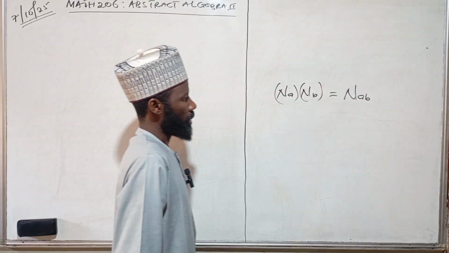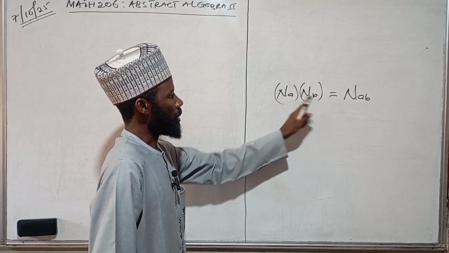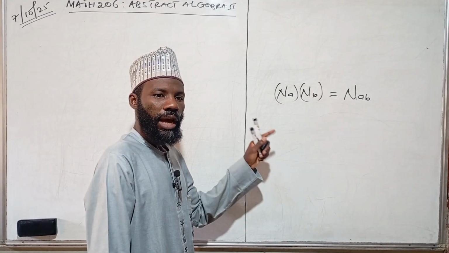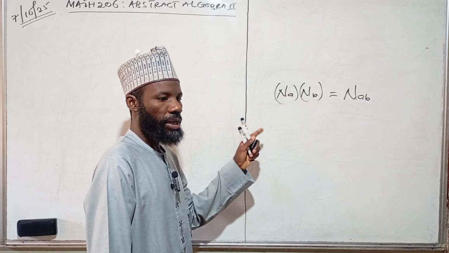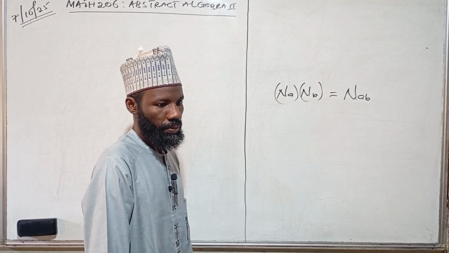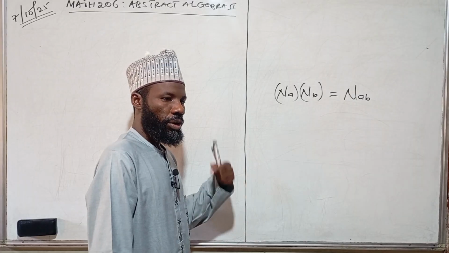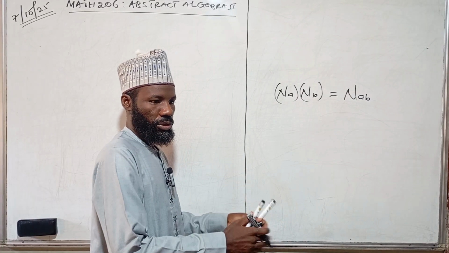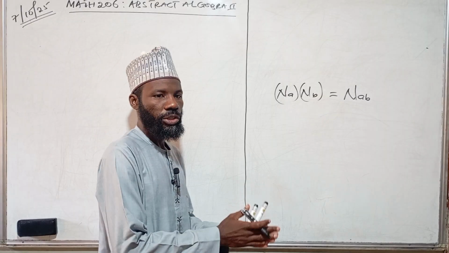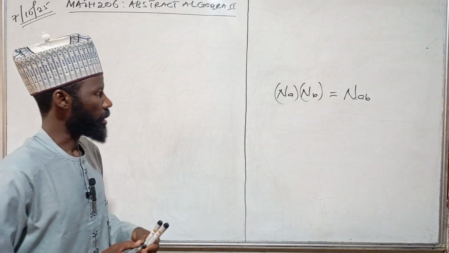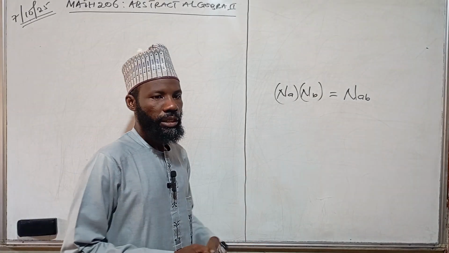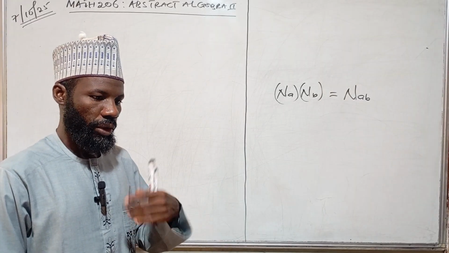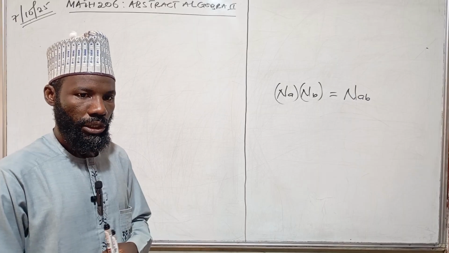That is the coset generated by the product of the individual generators of these cosets. And this happens precisely when the subgroup is a normal subgroup. That is, a subgroup of a group is a normal subgroup if and only if the product of any two left cosets is also a left coset, or the product of any two right cosets is also a right coset. I'm writing left, right, but there is no distinction between left and right when you are dealing with normal subgroups.